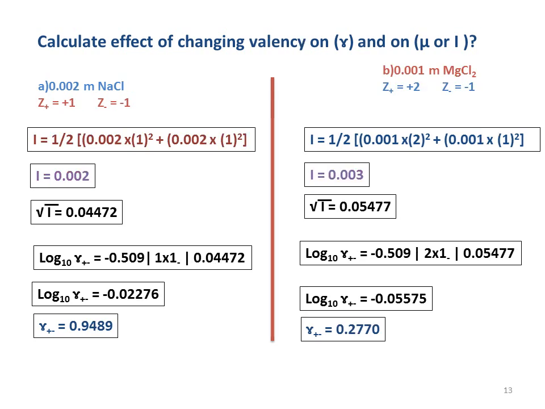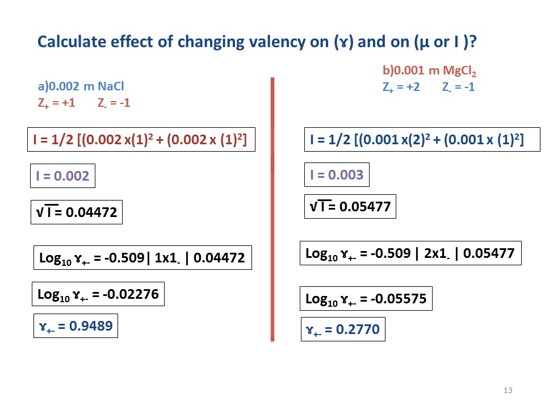The second thing is calculating the effect of changing valency on gamma, the mean activity coefficient, and on ionic strength. The first case is 0.002 molar univalent. The second case is 0.001 molar MgCl2, meaning bivalent and univalent.